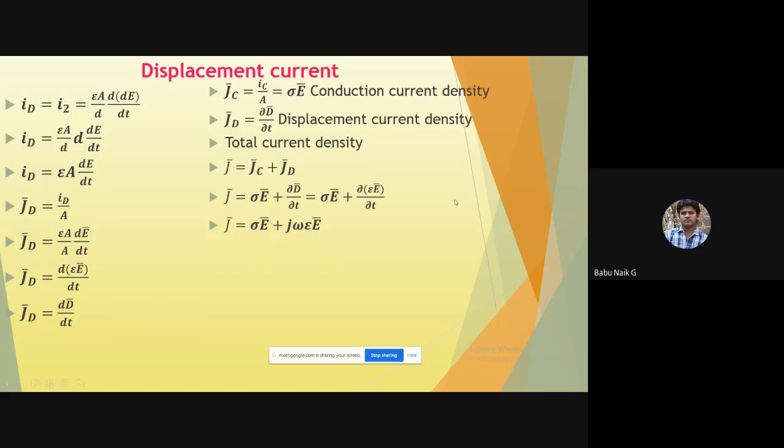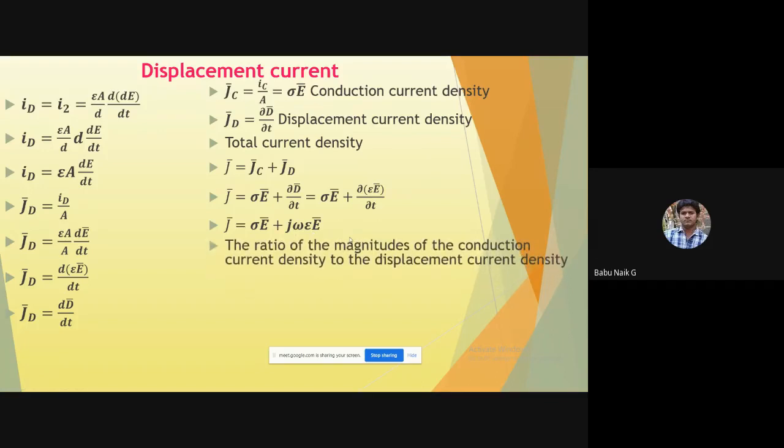So E bar is equal to cos omega t plus j sin omega t. After substituting with partial differentiation, we get j omega epsilon into E bar, which gives sigma E bar plus j omega epsilon into E bar.